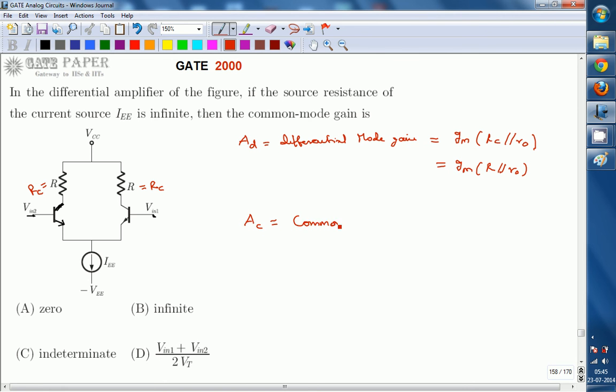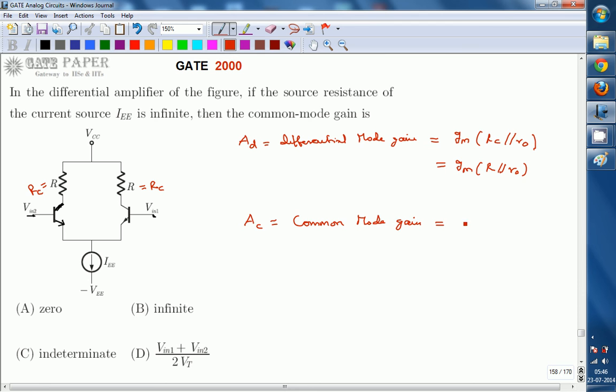Common mode gain is the gain provided by the differential amplifier for a common input signal. If you apply a common signal to both inputs, the gain provided by the differential amplifier is named the common mode gain.